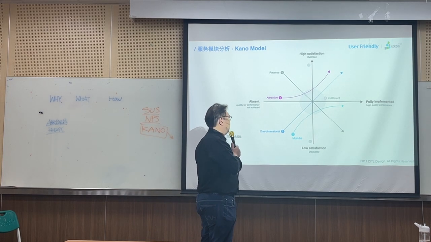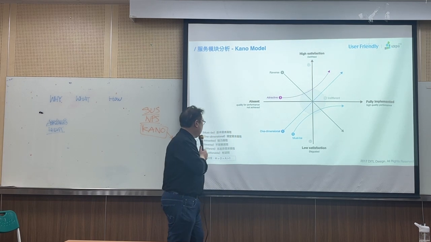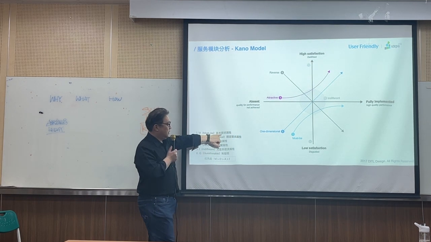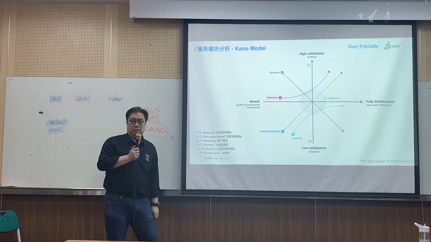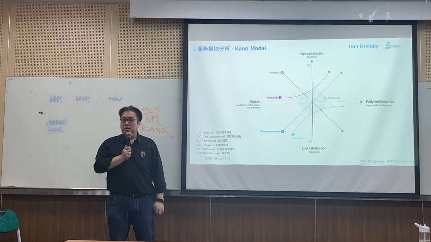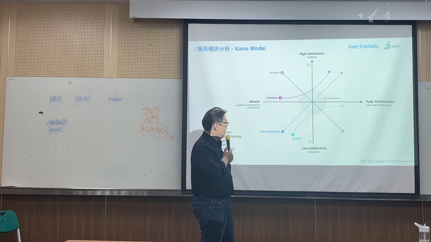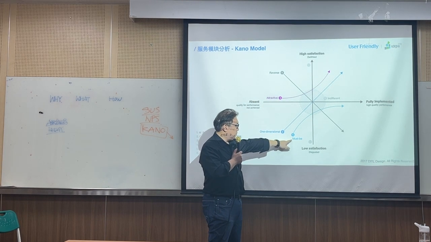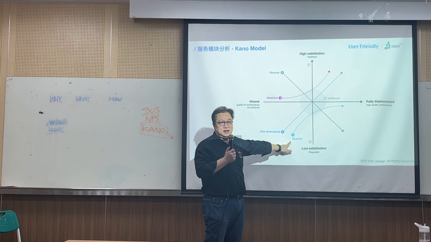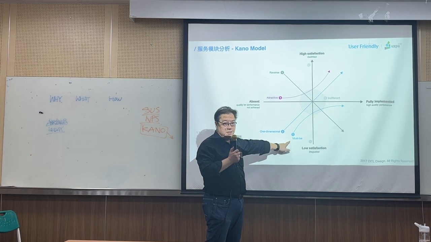First is what we call the must-be category, also called basic need. What is must-be? If you are going to a restaurant, what is a must-have functionality? When I say must-have, it means if you don't have this function, I will feel very, very upset.